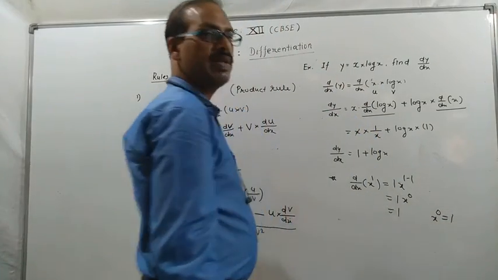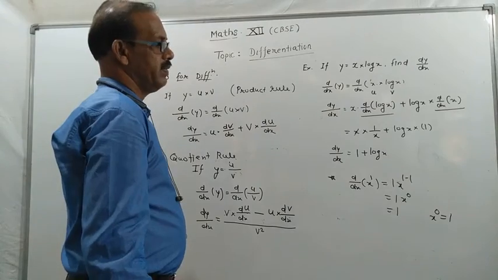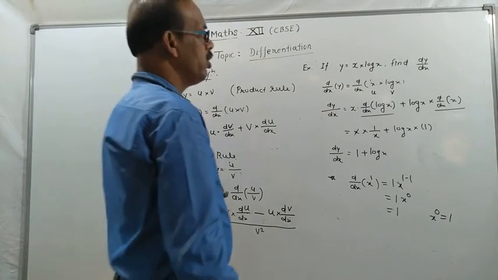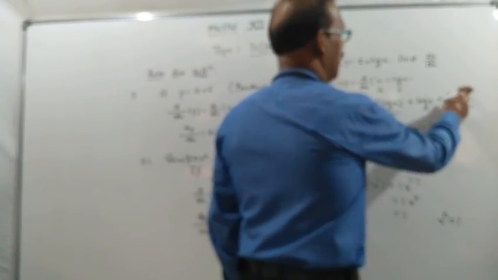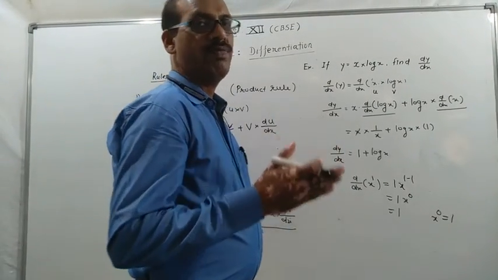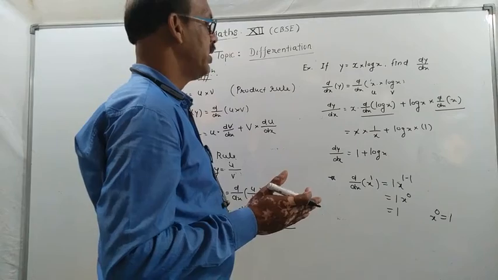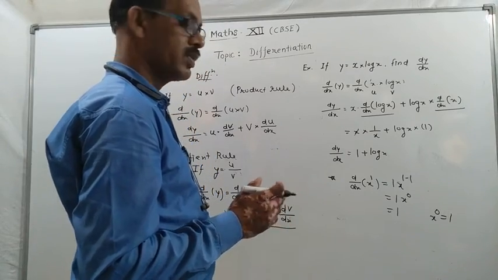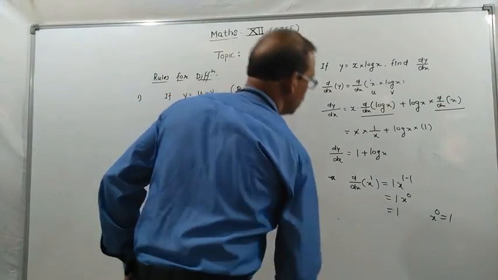In such a way, we are able to find the derivative. Whatever the power of x is, we use the x to the power n form to find the derivative.